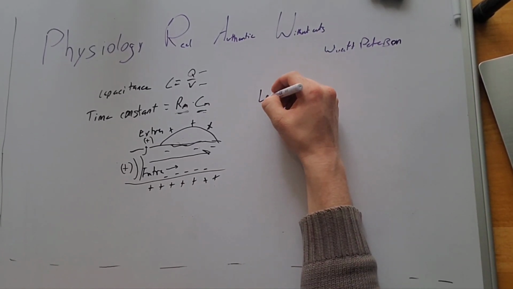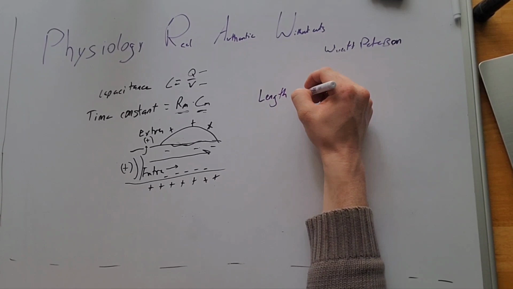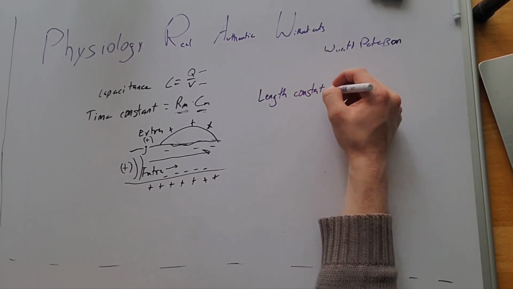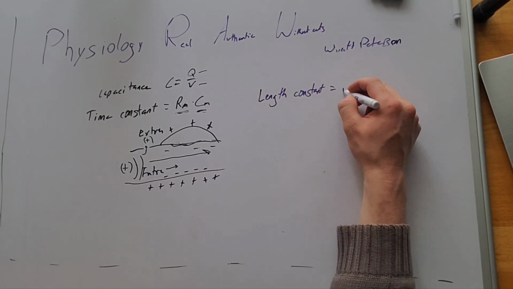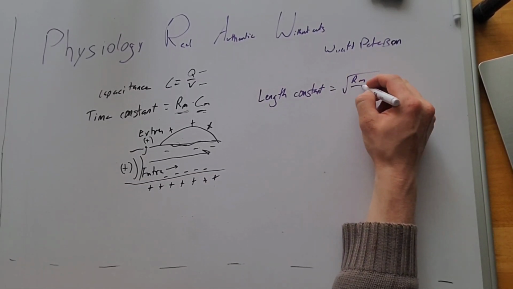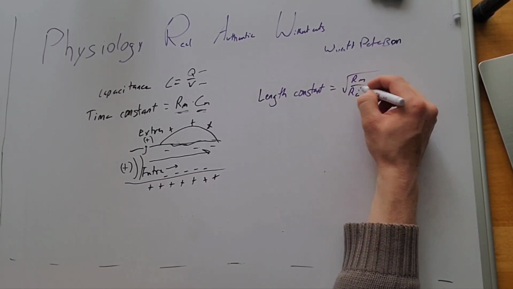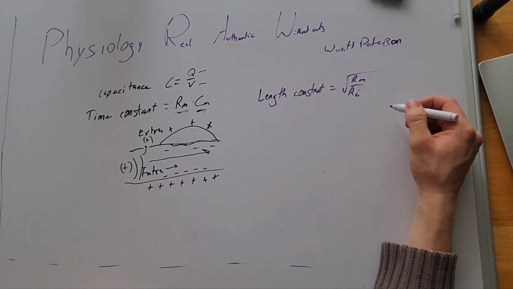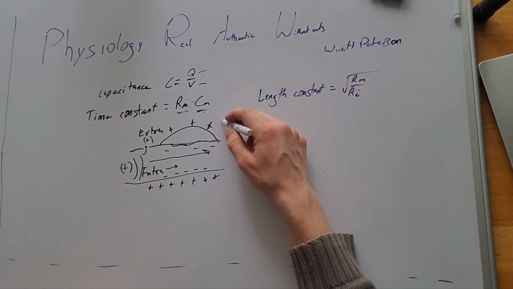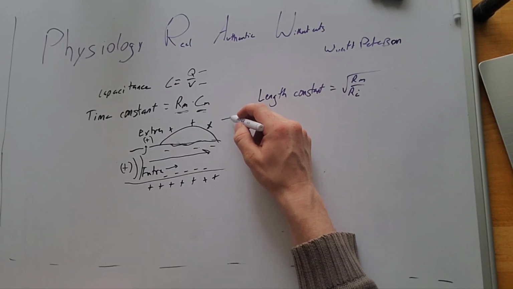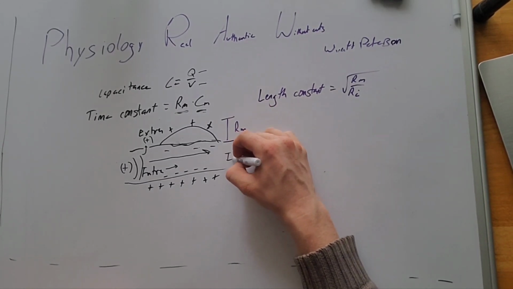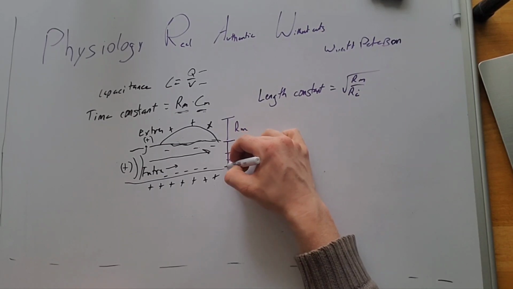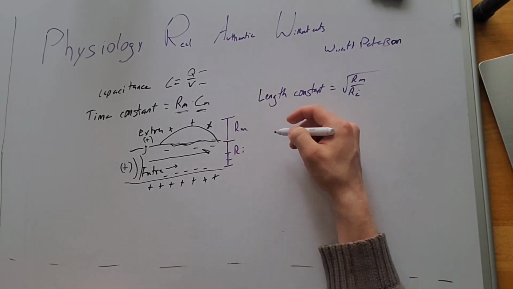So length constant is another one. Length constant is equal to the square root of Rm over Ri. So Rm is this right here, and then inside is going to be Ri.